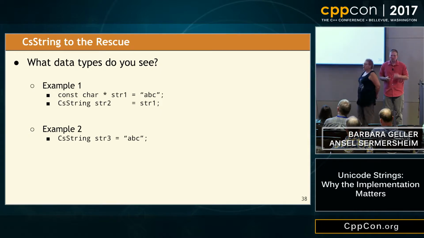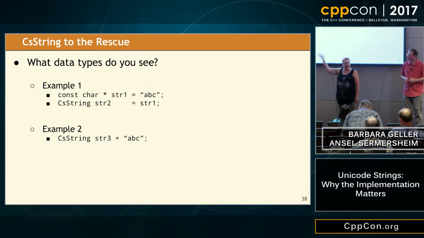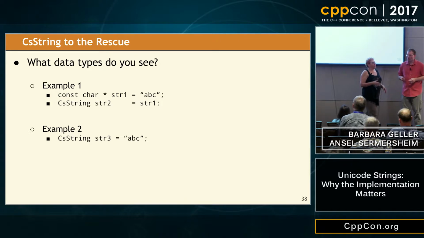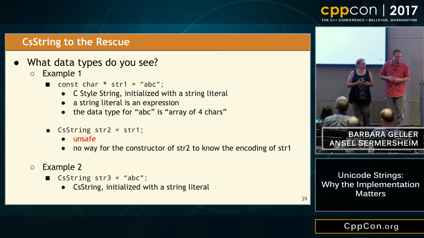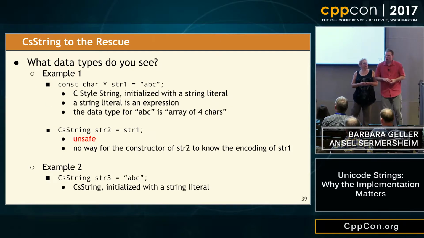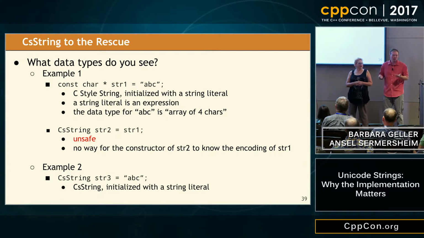ABC is also referred to as a string literal, but most people aren't really sure, and they just read it as a const character star. So let's break these down piece by piece. For our purposes, we're going to call a const character star a C-style string. Many people have used that definition. It's a little easier to hear.